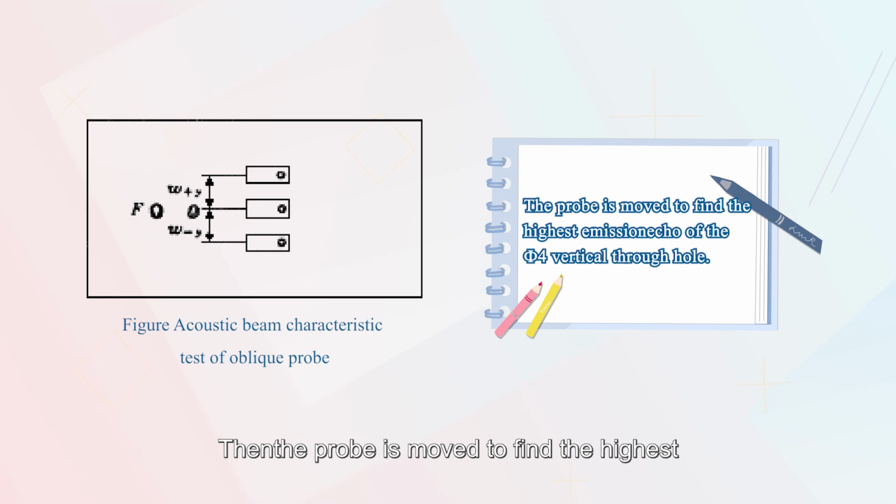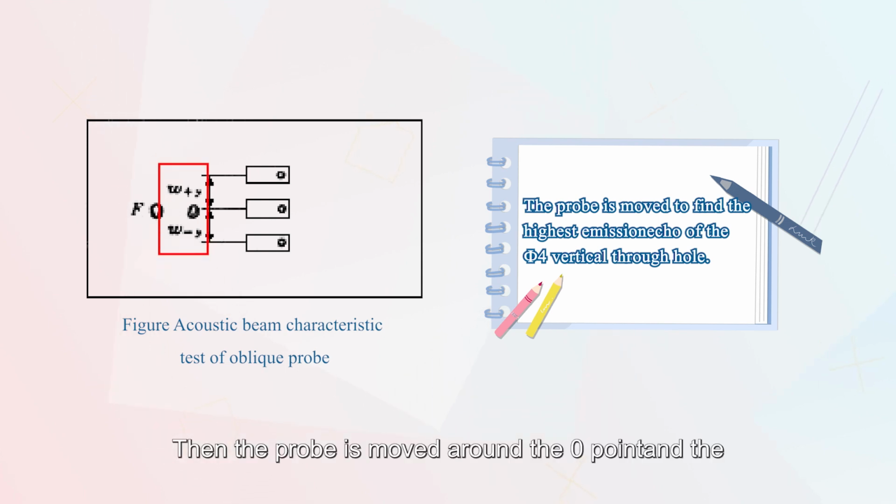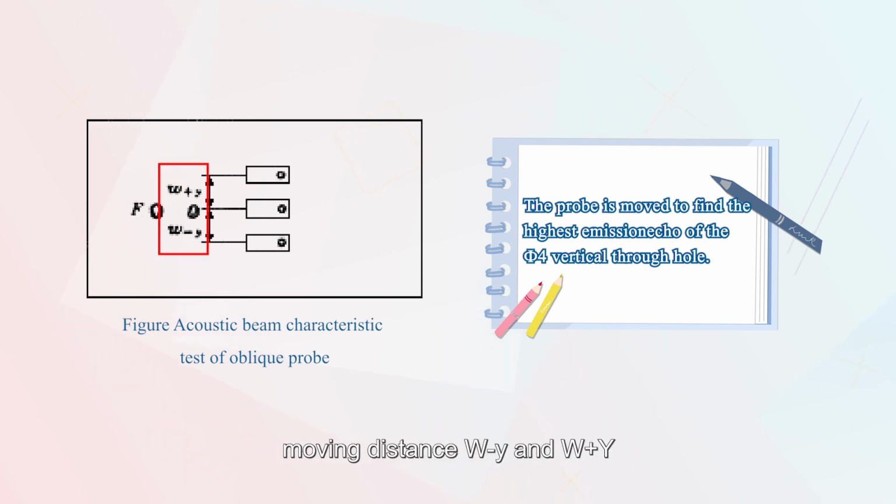Then the probe is moved to find the highest echo of the phi 5-4 vertical through hole, and the center zero point of the probe is marked on the test block. Then the probe is moved around the zero point, and the movement distance Wy and Wy' is found when the phi 5-4 echo decreases by 6 dB.